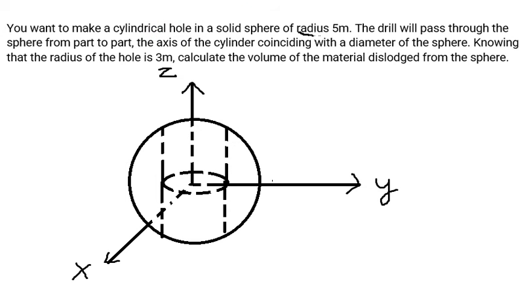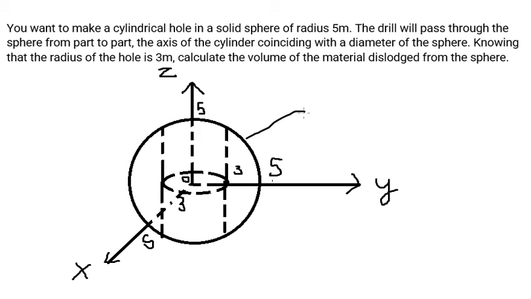We know that the radius of the sphere is 5, but the radius of the hole is 3. This is 0 in here.